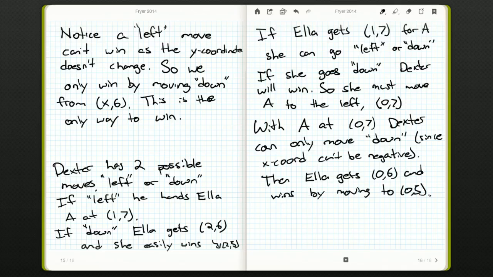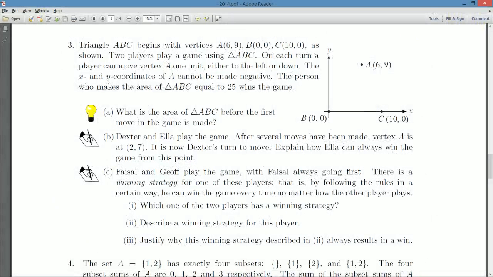So in either case, she wins, either by getting it to 2-5 or 0-5. So we've explained exactly why Ella can win. Based on what Dexter does, we give her sort of a recipe for victory. So that gives us B part.